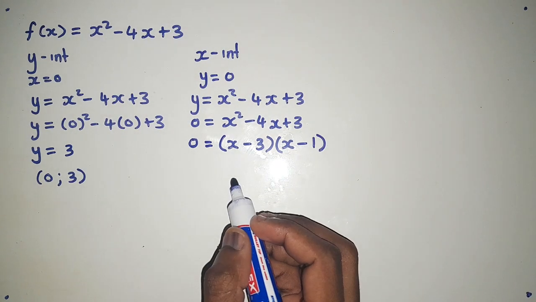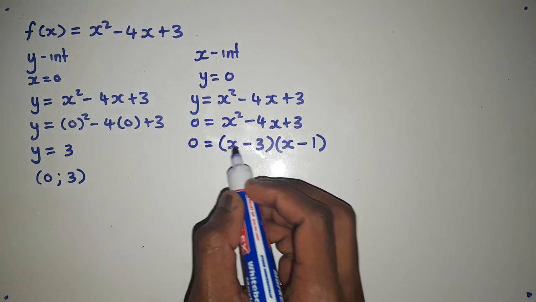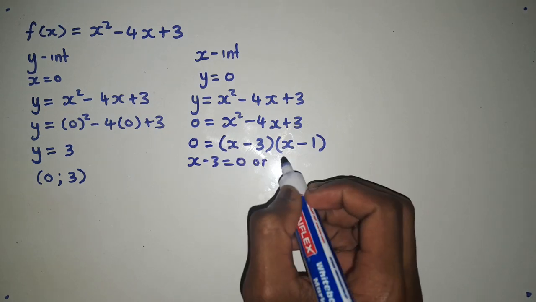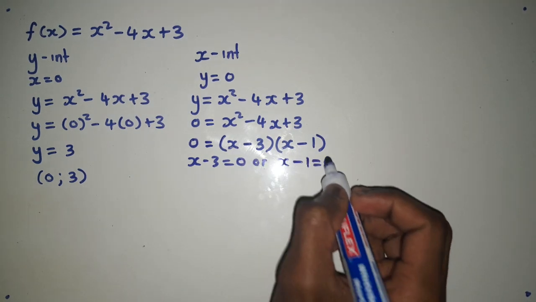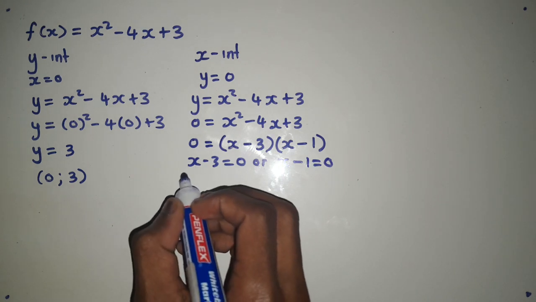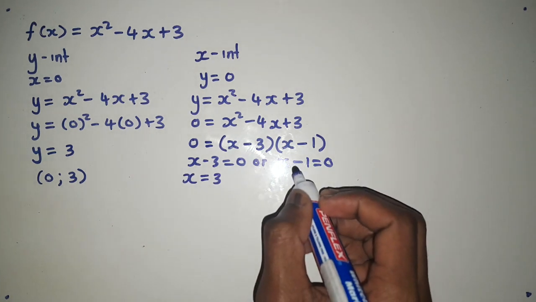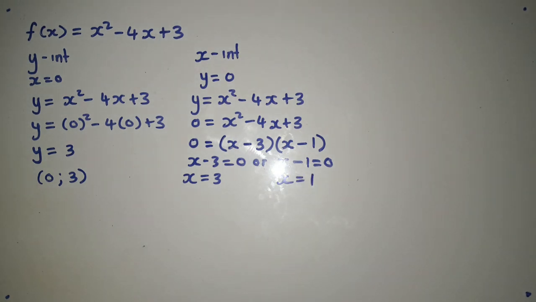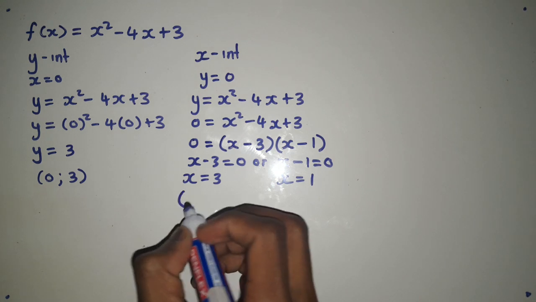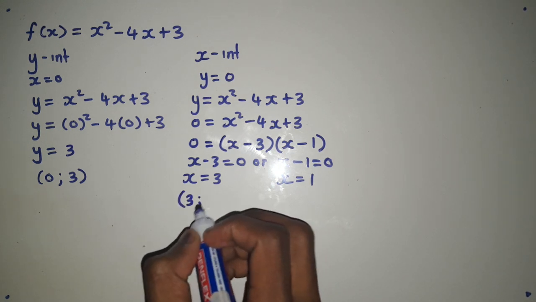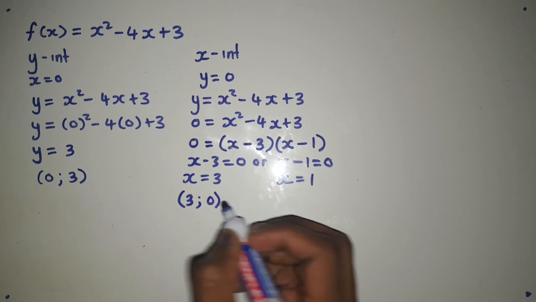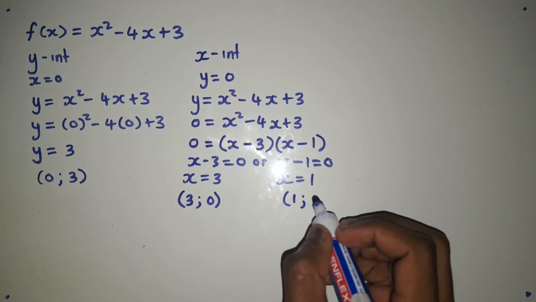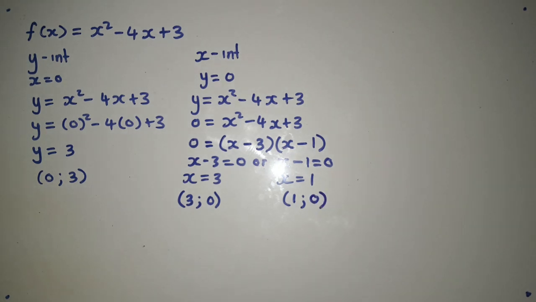Then let us use the zero factor theorem. x minus 3 equals 0, or x minus 1 equals 0. At the end of the day, we get x equals 3 on this side, and x equals 1 on this side. Let us write this in coordinate form: (3, 0) and (1, 0). We made y to be 0.